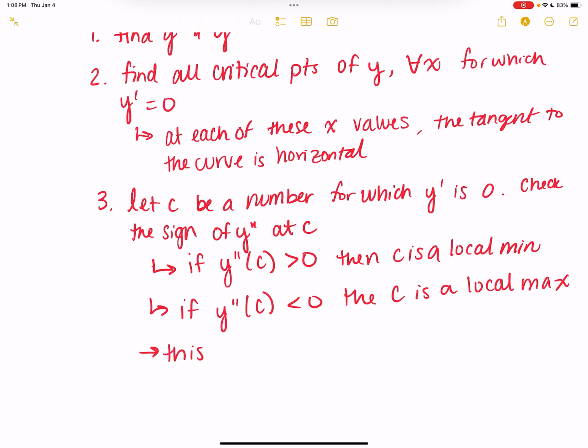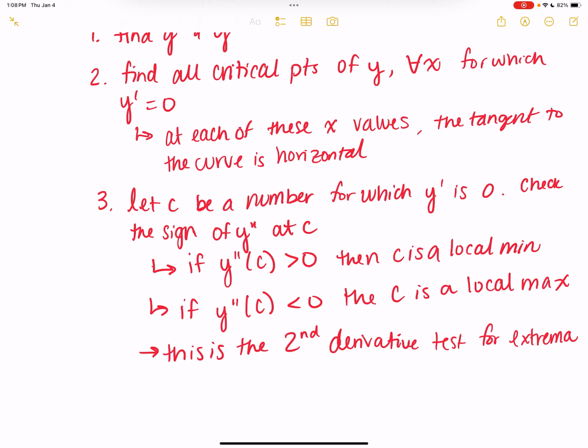This is the second derivative test for extrema. Now, what scenario have we not accounted for? If it equals 0.